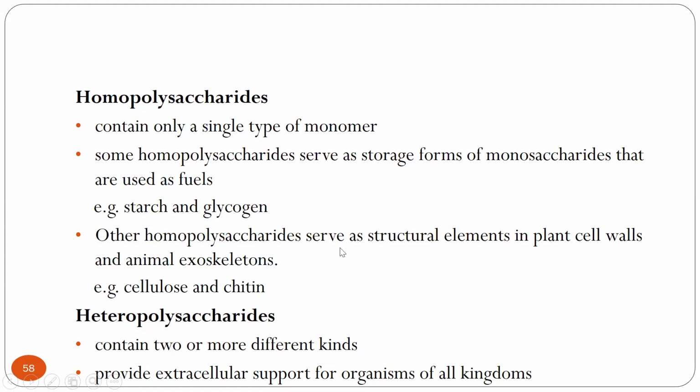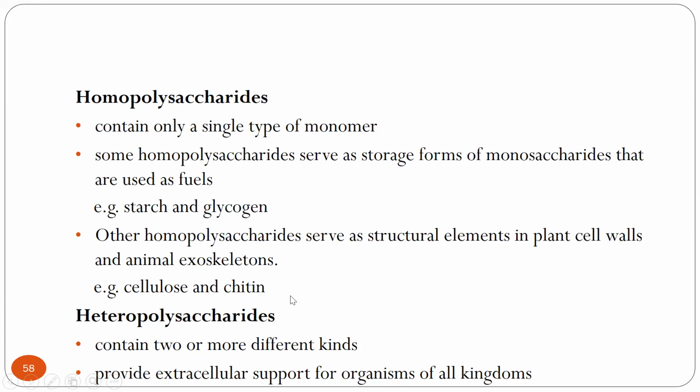Other homopolysaccharides serve as structural elements in plant cells and animal exoskeletons. So we have cellulose, which is from plant sources also, and you can have chitin. Chitin, you can find in crabs and shrimps.